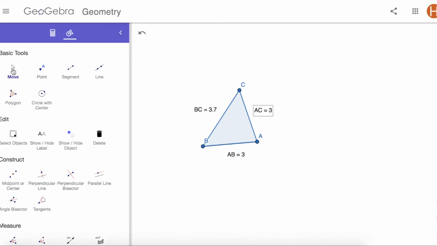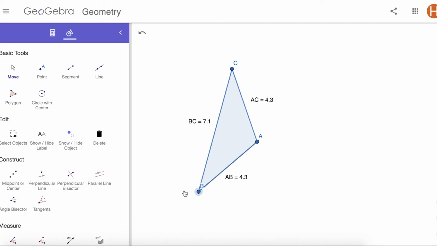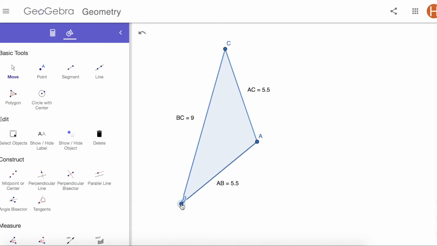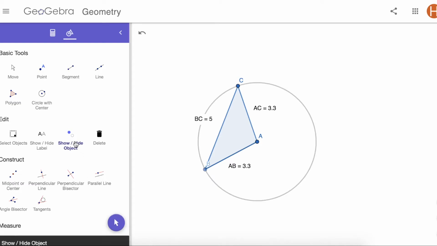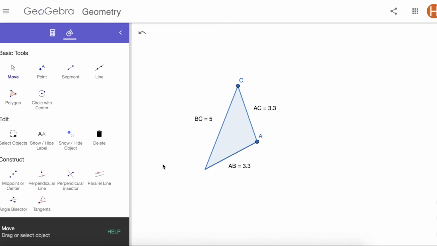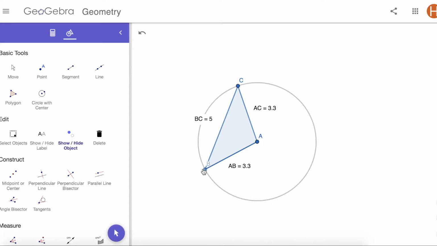Now we can check and see if it holds. As I move it, AC and AB are always equal length. If I show my circle again, we see it's the same length because the circle gets bigger and smaller as we move the triangle around.